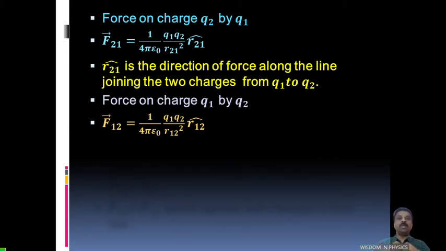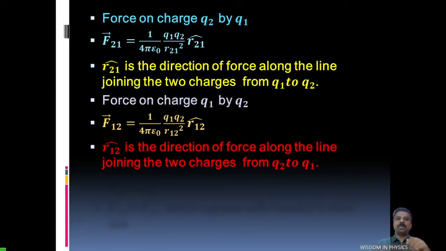Here R12 cap is the direction of the force acting towards the charge Q1 from Q2. That is the point you have to carefully note down here. So R12 cap is the direction of the force along the line joining the two charges from Q2 to Q1. There it is Q1 to Q2, and here Q2 to Q1. That is the point you have to note.